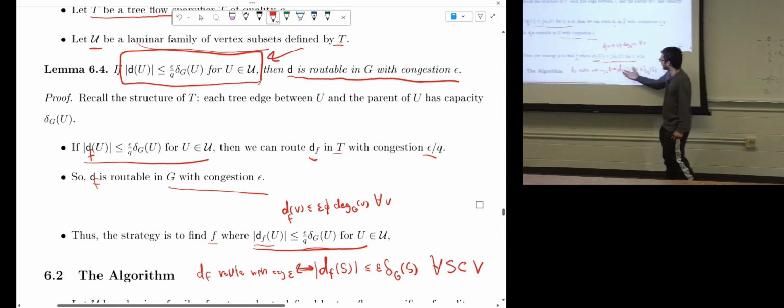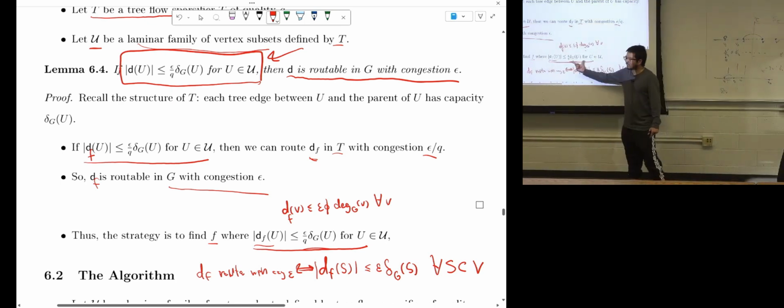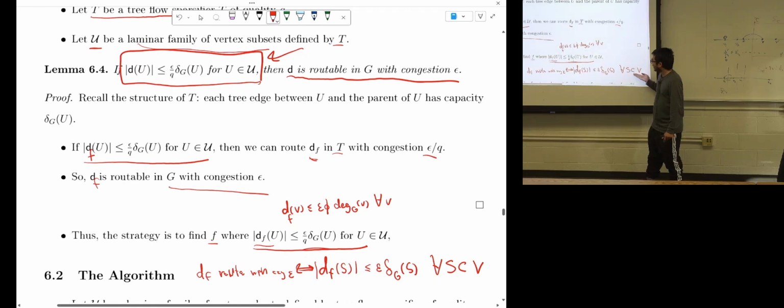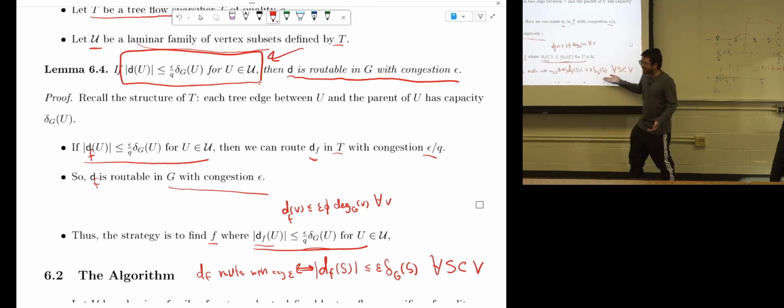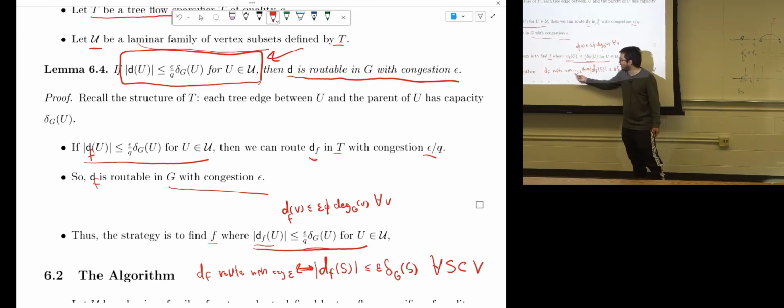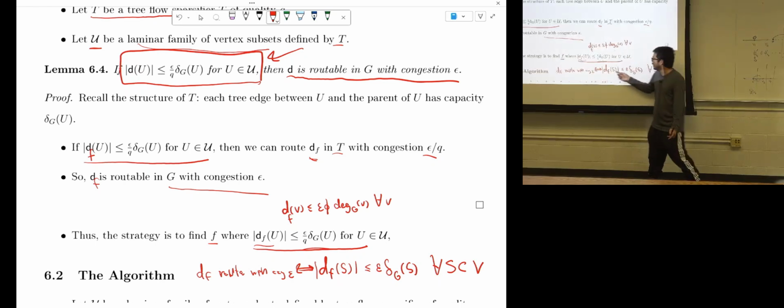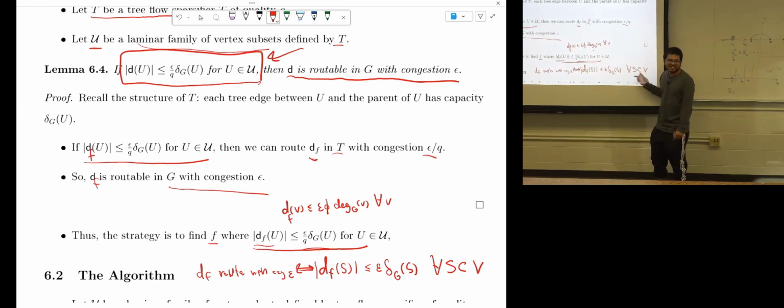So compare this thing with this. This has 2 to the n many cuts. If you just take it from the definition, what it means to be routable with congestion epsilon, you need to check 2 to the n many cuts.